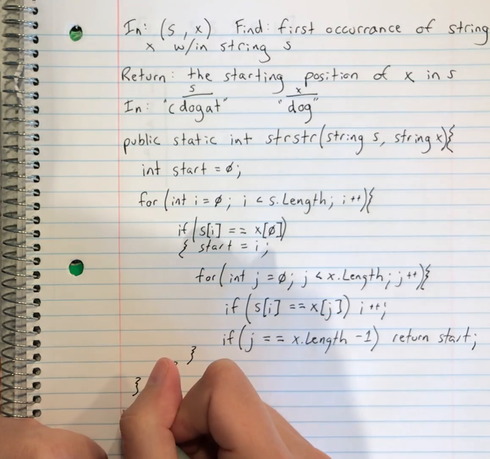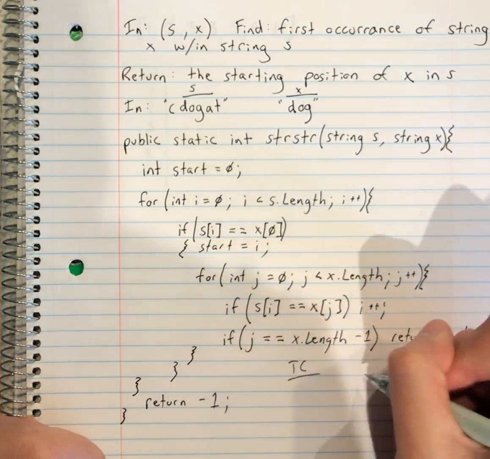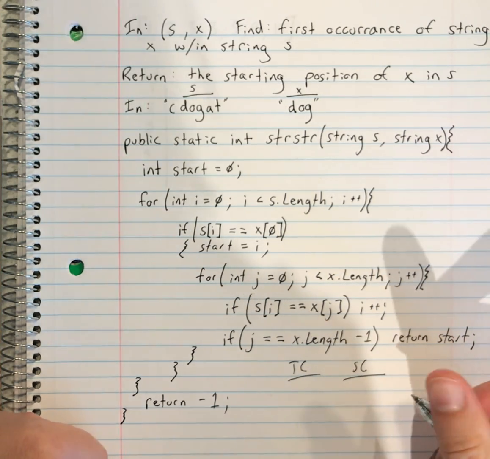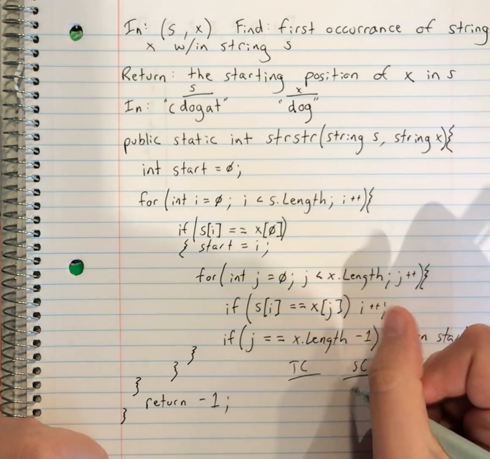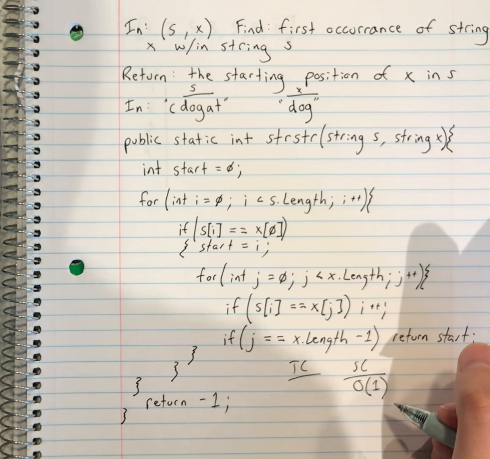Okay, so I'll discuss the time complexity and space complexity here. Space complexity is constant. I'm using one variable, and that's that. So big O of 1. Time complexity.